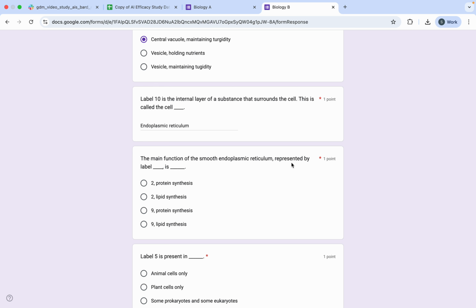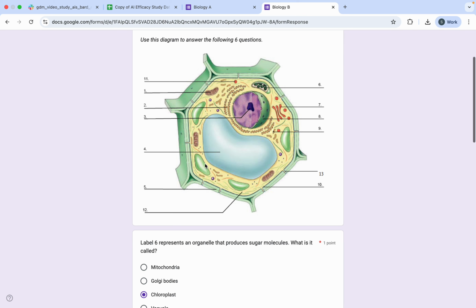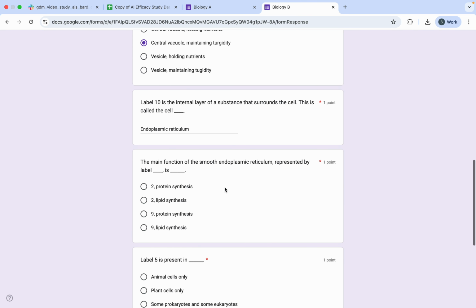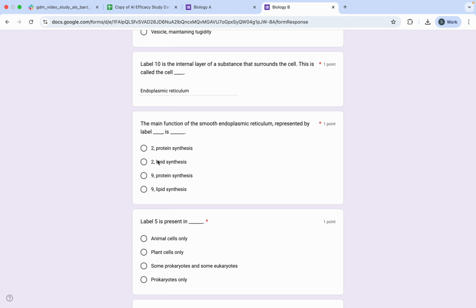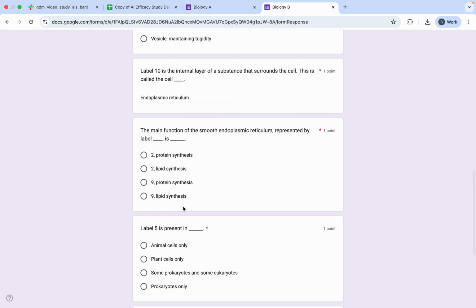Okay. Now the next question: the main function of smooth endoplasmic reticulum represented by label dash is dash. The options are 2 protein synthesis, 2 lipid synthesis, 9 protein synthesis, 9 lipid synthesis.